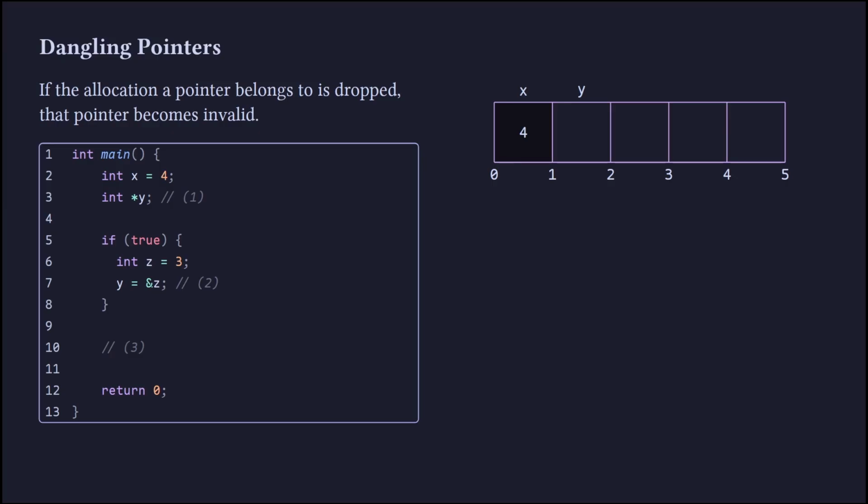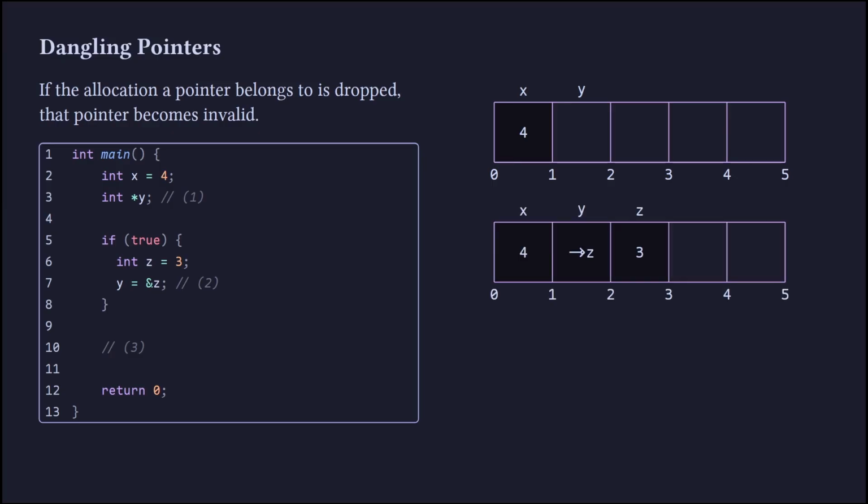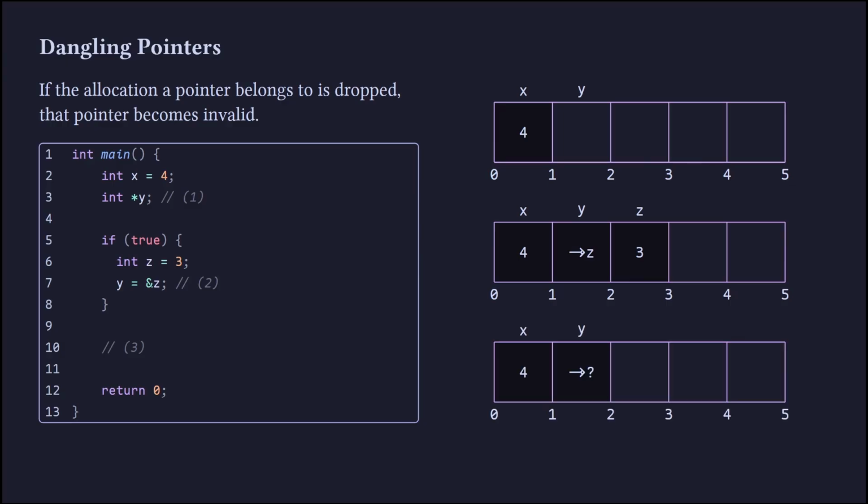When we go into the scope, we'll create a new variable called z, and we'll assign a reference to it to y. Now, once we exit the scope that we've created, that little if true, z no longer exists in our tape. C has gotten rid of it because it drops variables at the end of the scope. So y is now an invalid pointer because it's not touching an allocation.